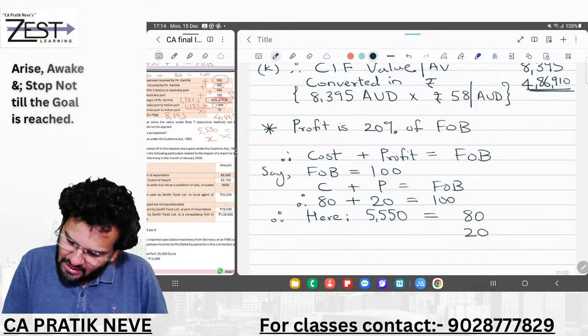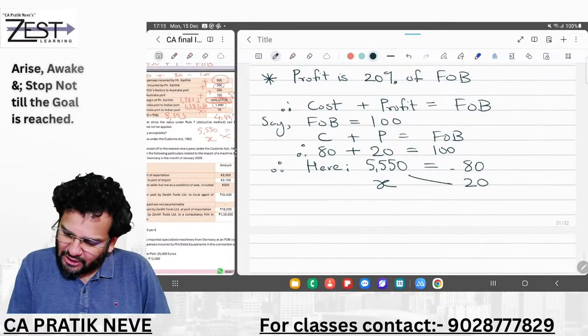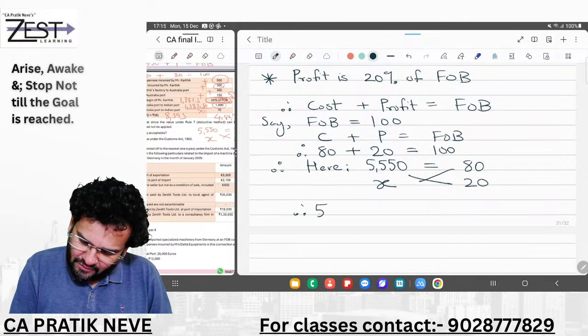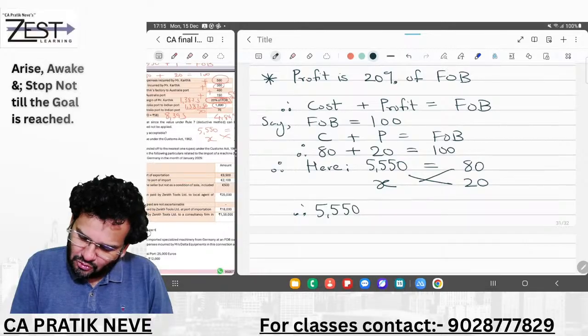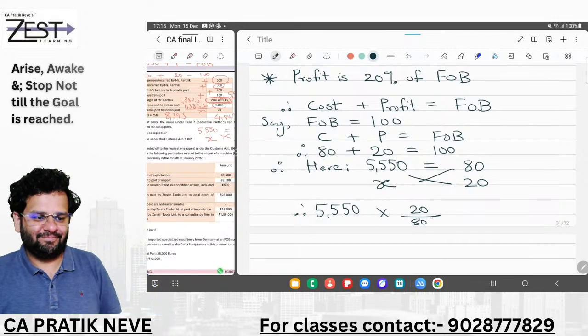So 20 profit is how much? That's why you did the cross multiplication. Therefore 5550 into 20 divided by 80. Make sense?